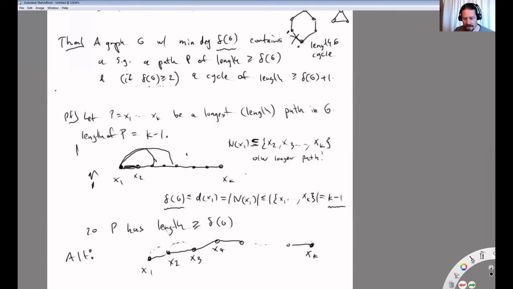Once I reach xk, it's not clear I can go further, because at xk, I may send all my edges back. I may send exactly k-1 vertices back, which is potentially my minimum degree. I stop when I've taken delta many steps, many edges walked along. So that's a procedural way to argue it, but you just have to do a little more detail.